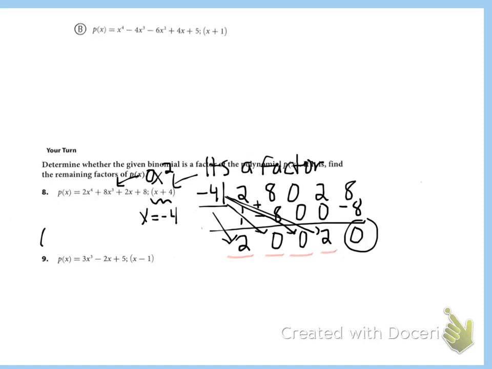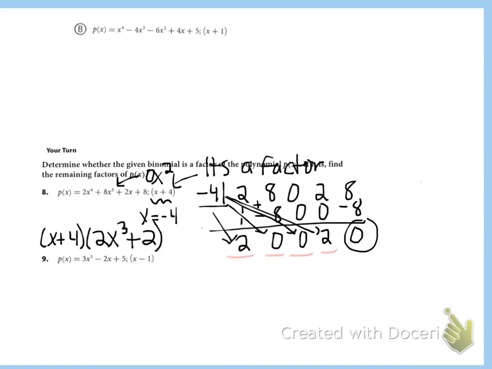So we know that one of the factors is x plus 4 because we just proved it's a factor. Now the other factor would come from taking these coefficients and writing the polynomial that's 1 degree lower than our original dividend. So that would be 2, and then that's x to the 4, so this would be an x cubed. Then the next coefficient would be 0, so that would be 0x squared and 0x, and that 2 is actually the constant term.